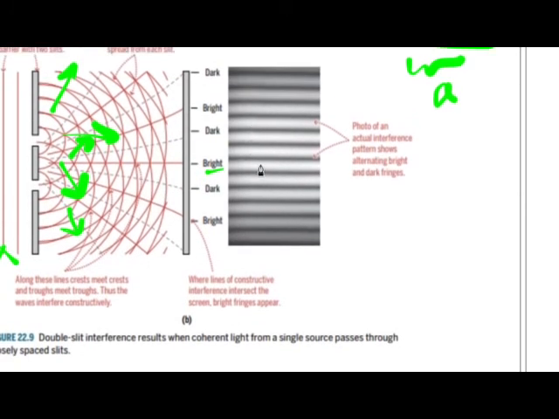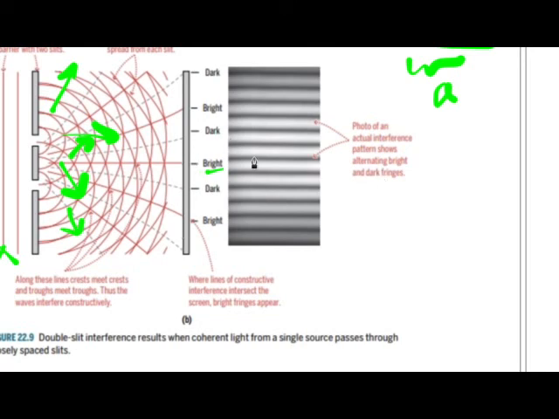You'll have alternating bright and dark fringes, either to this direction or to the opposite direction. So this is, as it says here, a photo of an actual interference pattern showing alternating bright and dark fringes.